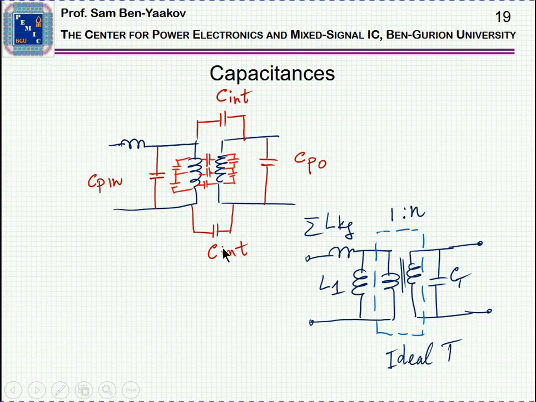Normally, for regular circuit simulation, what is more important is this parallel capacitor. So this would be a very standard model of a transformer in electronic circuit simulation of, say, a power converter.